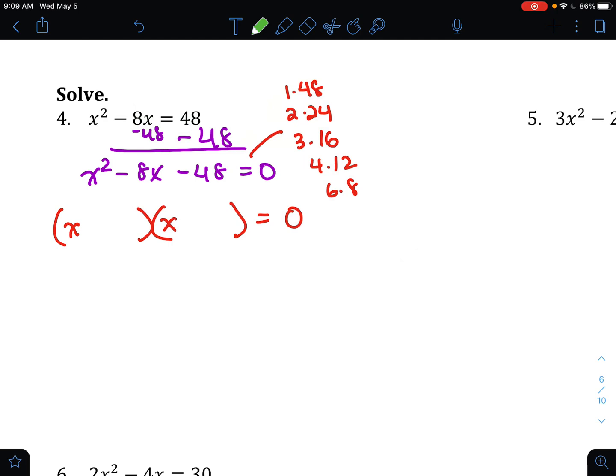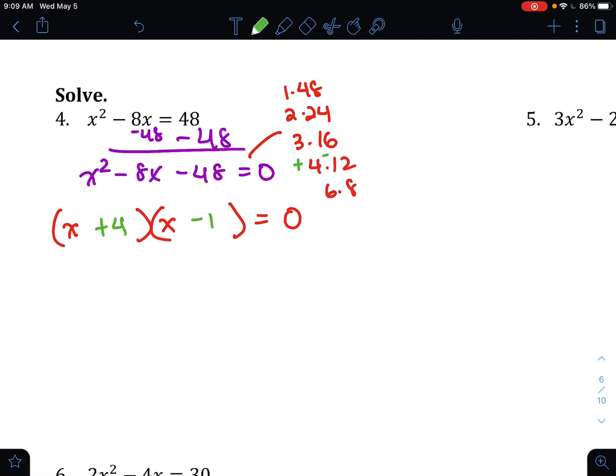Okay, I'm going to go with 4 and 12 because if I do positive 4 and negative 12, I can get that to be a negative 8. Positive 4, negative 12, and I do still get negative 48 here.